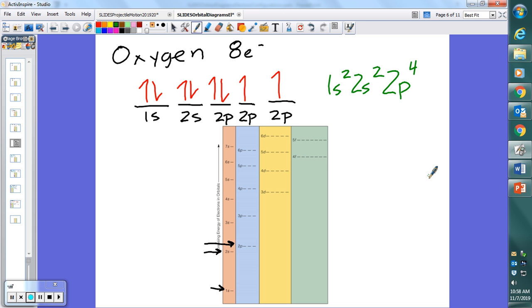Now, even though it doesn't show us this in an electron configuration, you need to understand how many 2p orbitals are there in this atom. How many 2p orbitals are there in this atom? There are 3 2p orbitals.